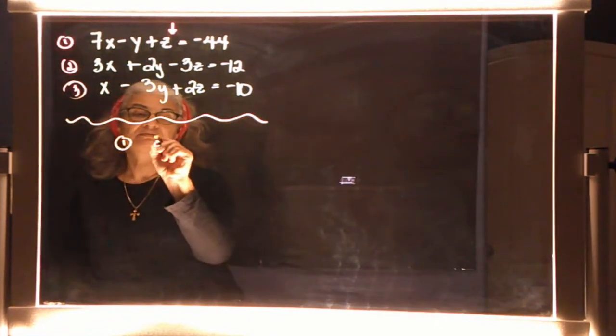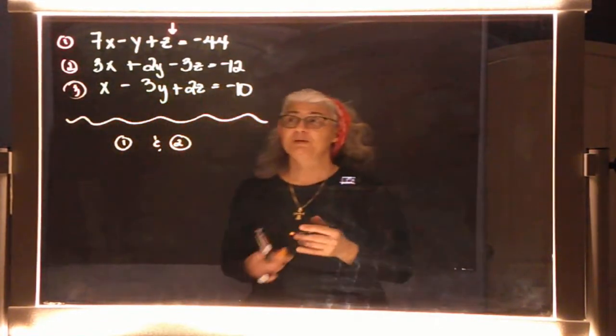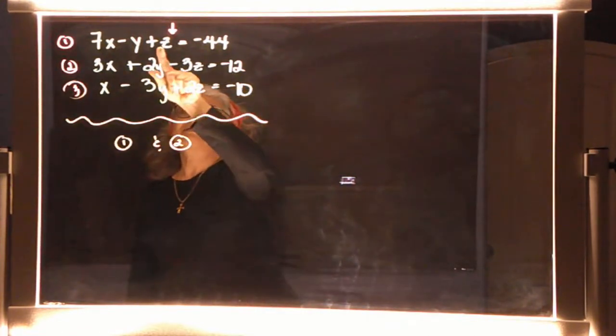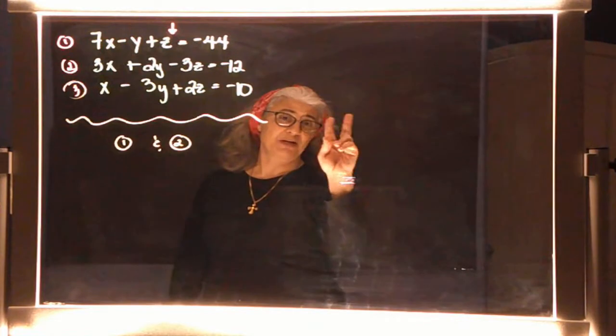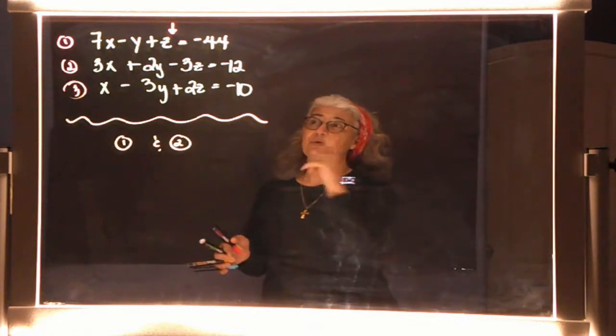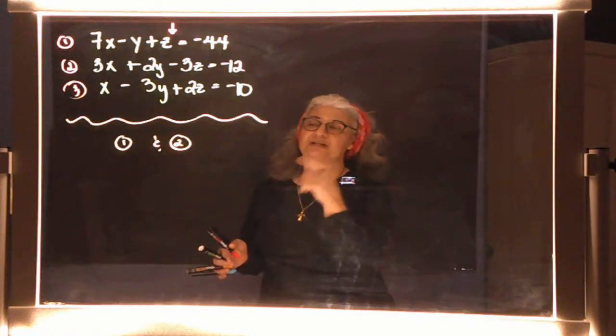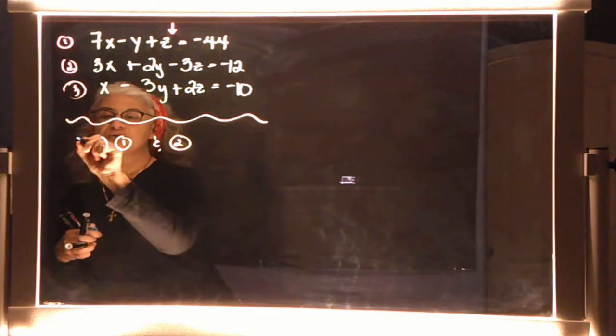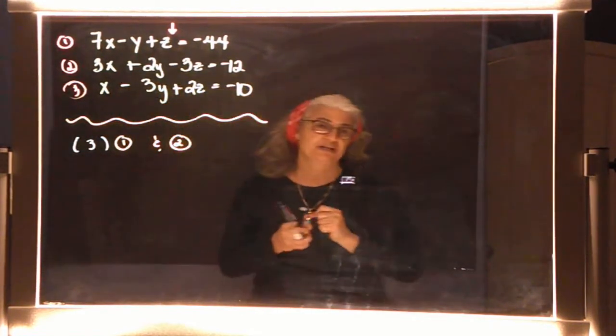So remember, since I'm eliminating the Z's, I need the coefficient of the Z's to be exactly the same, but opposite signs. So, yeah, equation 1 needs to get multiplied by a 3.